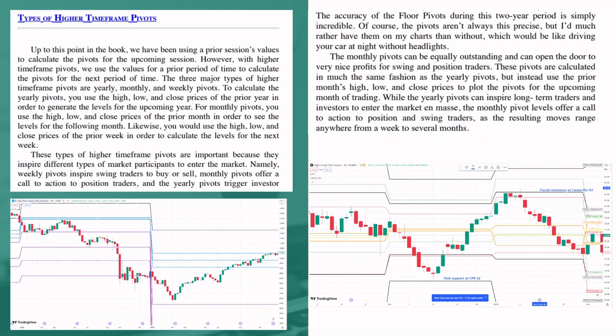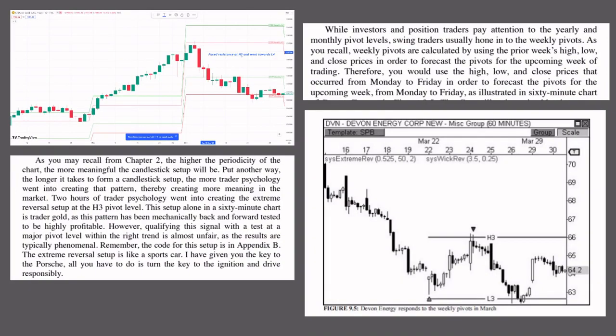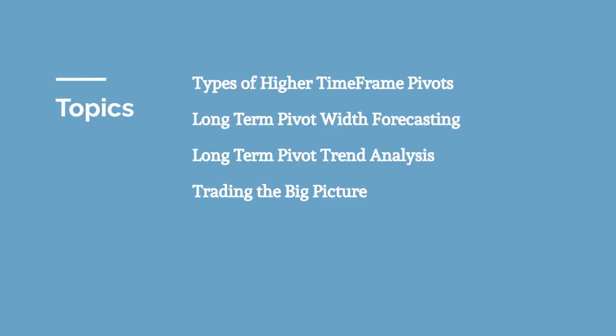All this has been discussed till now, and the last part left is weekly pivots, and what time frame to be used in weekly pivots. We are going to discuss that in this video. Once this is done, the topic of types of higher time frame pivots is completed, then we will move to long term pivot with forecasting.